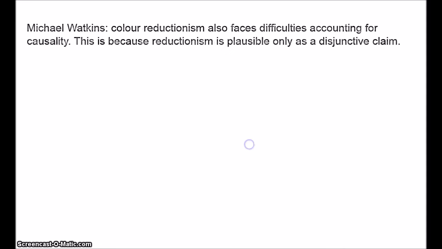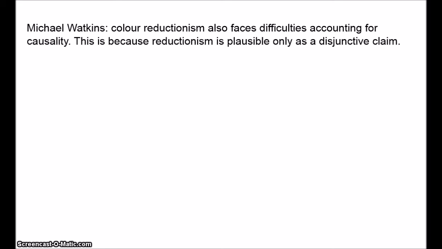Now, one response here, not exactly a direct response, but perhaps this can take some of the heat off the primitivist, and this is from Michael Watkins, is that it's actually not just the colour primitivist who faces difficulties accounting for causality. In fact, colour reductionism has just as much trouble when it comes to causal relations.